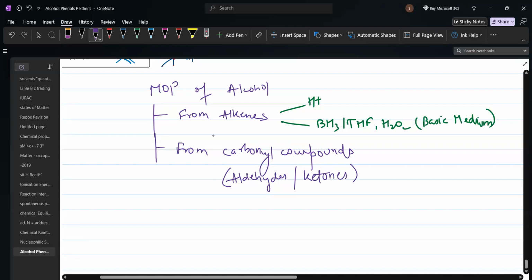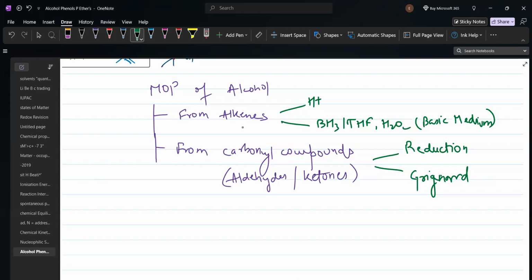In that we will study two types of method of preparation: first, reduction of carbonyl compounds, and other, reaction with Grignard reagents. Grignard reagent will come, and we will see how a carbonyl compound is getting converted into alcohol.